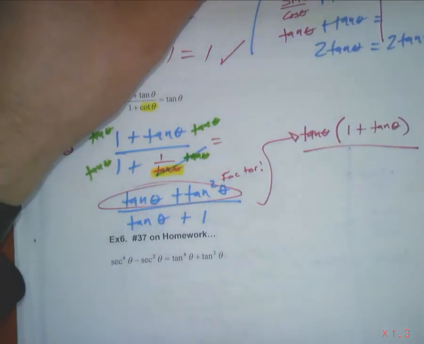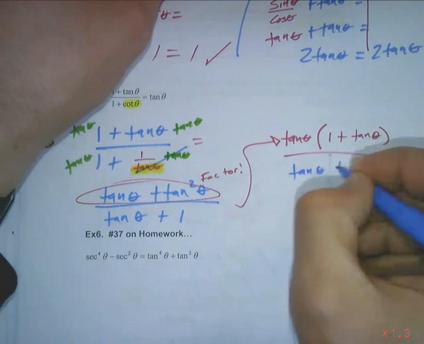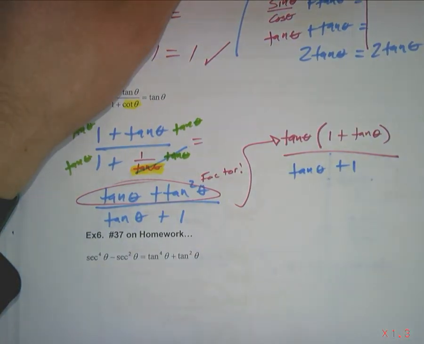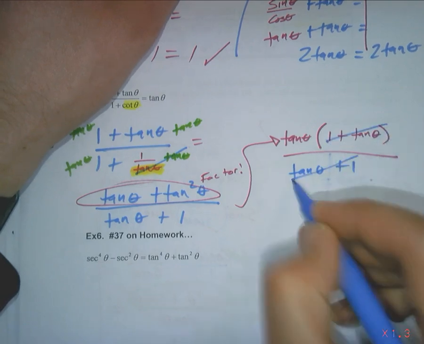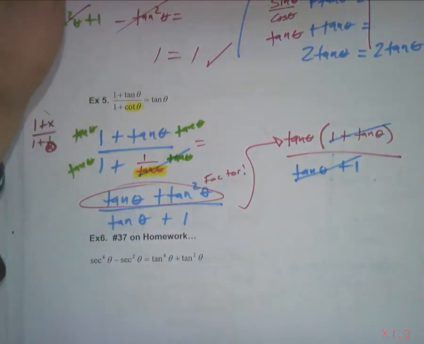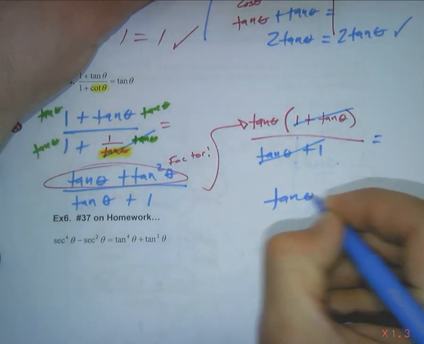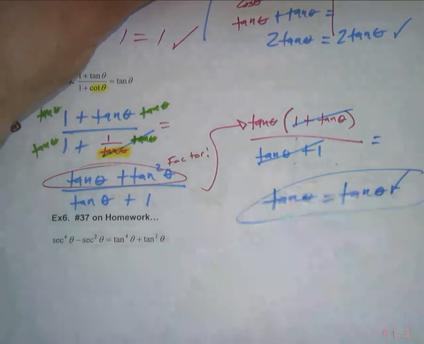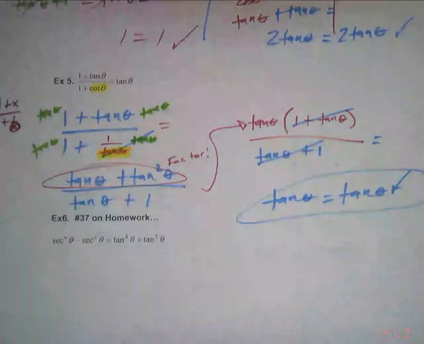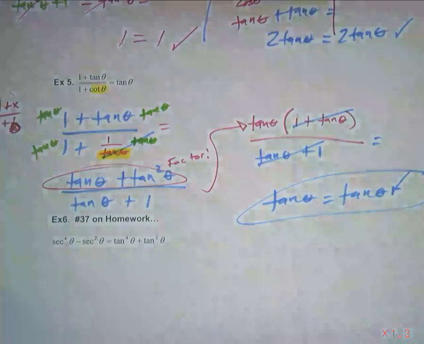And now that's all over tangent of theta plus 1. Understand, tangent of theta plus 1 is the same thing as 1 plus tangent, so these guys cancel, just like 1 plus x is the same thing as x plus 1. And now we're left with tangent of theta equals tangent of theta. Look at that. Check. So we just established the identity that this little fraction is equal to that little guy, tangent.